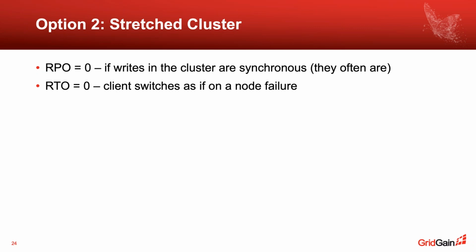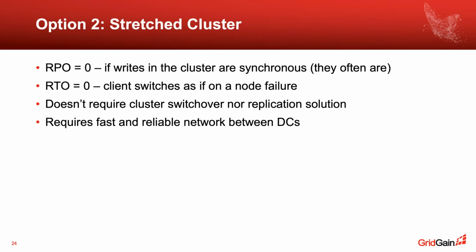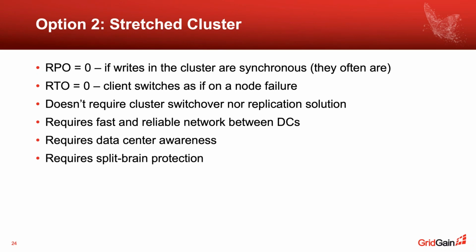All your applications are really connected to all of your nodes essentially. This solution doesn't require the components that are normally required, which are cluster switchover and replication solution, because they come for free, but you have these other components, the network, the data center awareness, and split brain protection, which you need to provide.